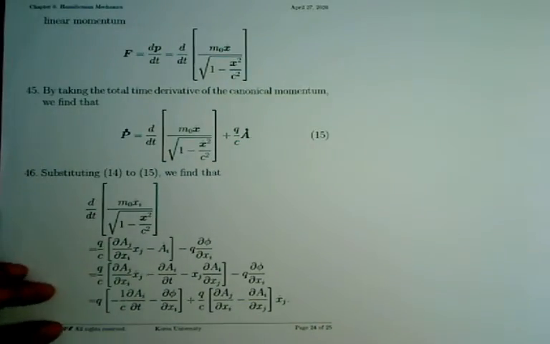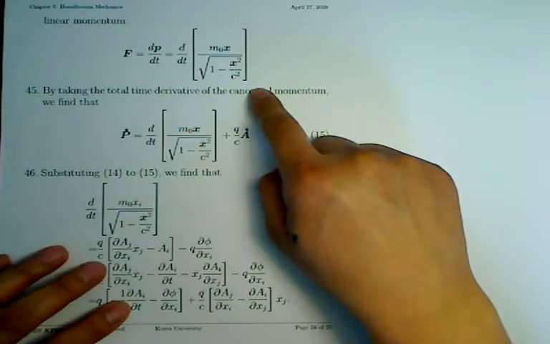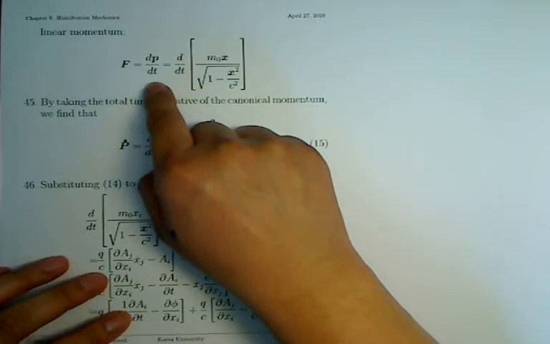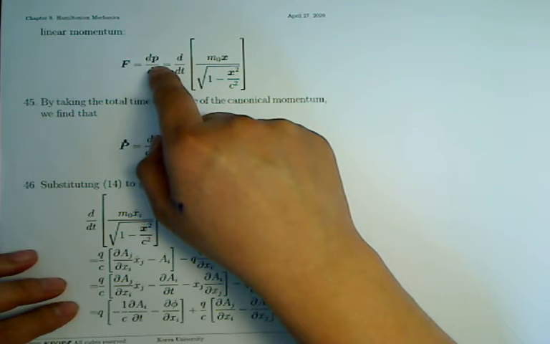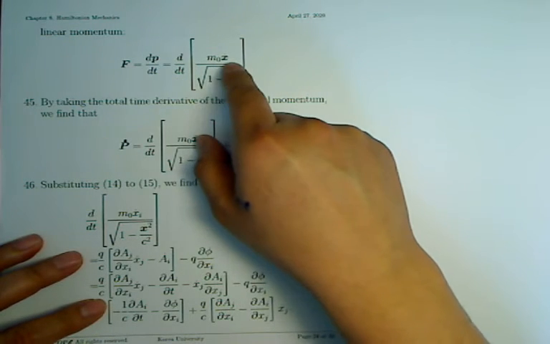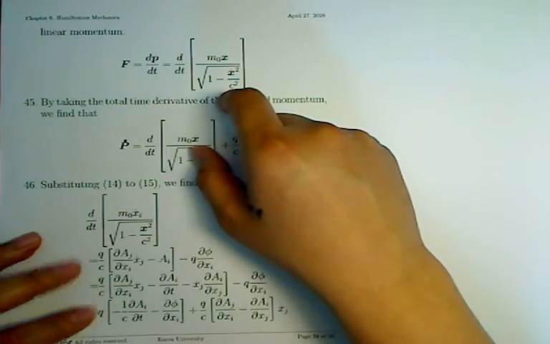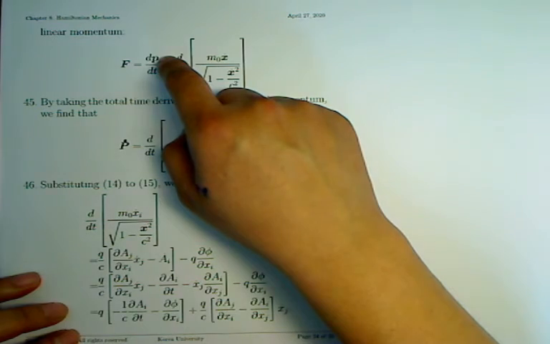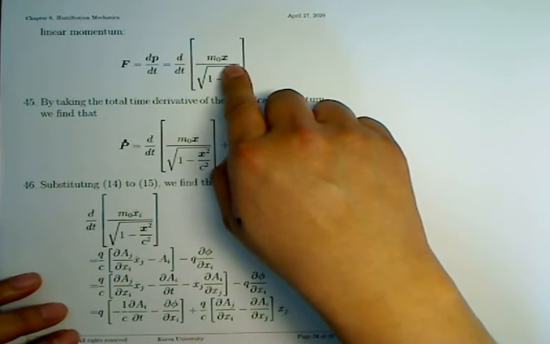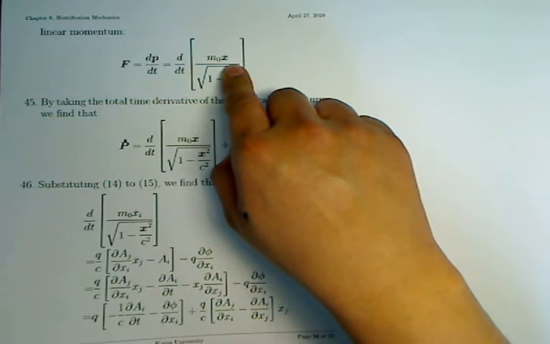Finally, our force is expressed as the momentum's time derivative, but this is not the conjugate momentum, but m v gamma, right? So please distinguish this small p that is expressed in terms of velocity.